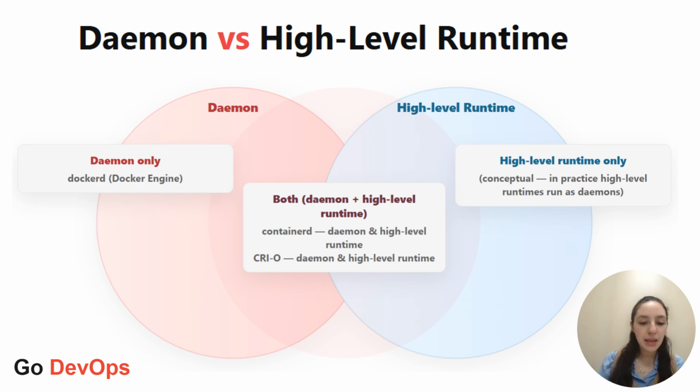And on the left, we have something like the Docker daemon, which is only a daemon, but not a runtime. And on the right, you see the pure high-level runtime that doesn't actually exist in practice, because to actually manage containers properly, they need to act as daemons too. So they need to be running in the background to see what is actually happening in the container.